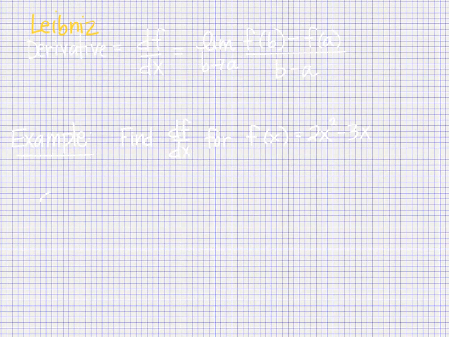So df dx is going to look like this: the limit as b approaches a. We start out by plugging in b, so that'll be 2b squared minus 3b. And then we subtract, plugging in a, which will be 2a squared minus 3a. And the denominator is b minus a.